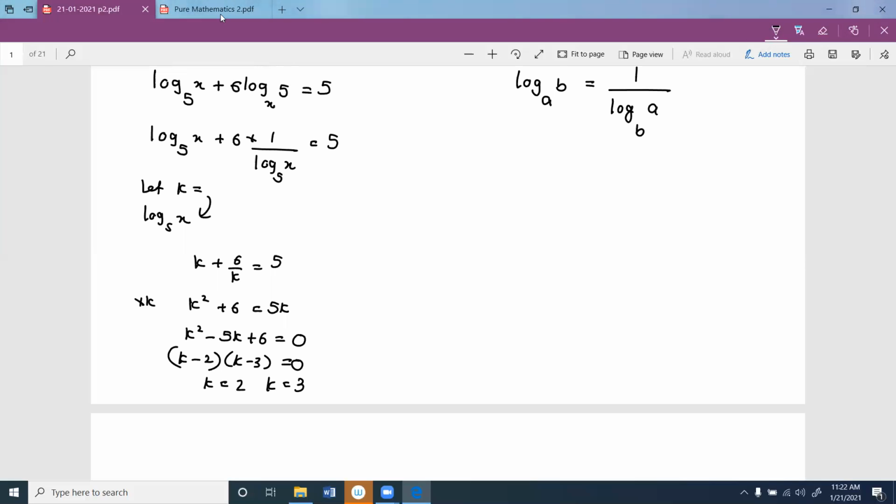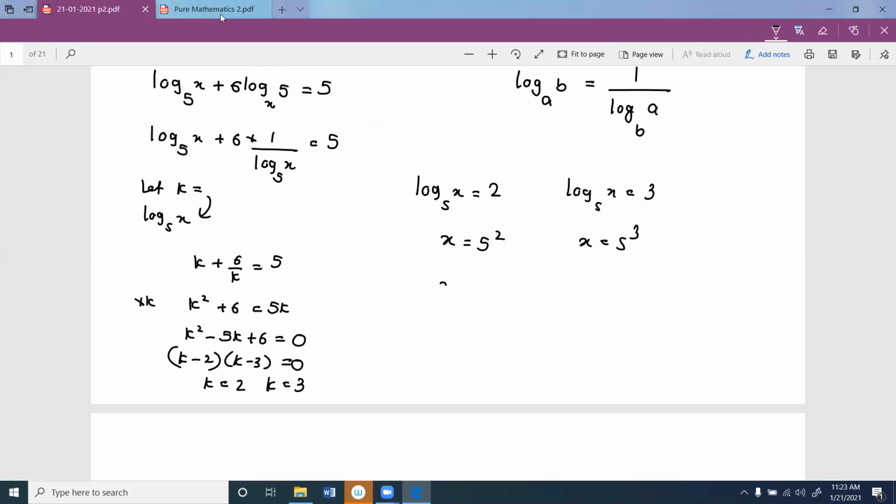Then what you need to understand is that here we need to find not the solution for k, but the solutions for x. Therefore, log 5x equals 2 is one equation, and log 5x equals 3 is another. Then x equals 5 to the power 2, and x equals 5 to the power 3.